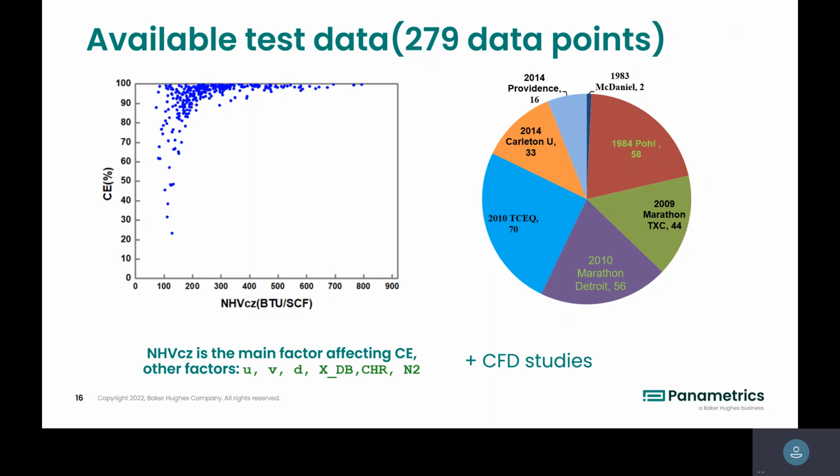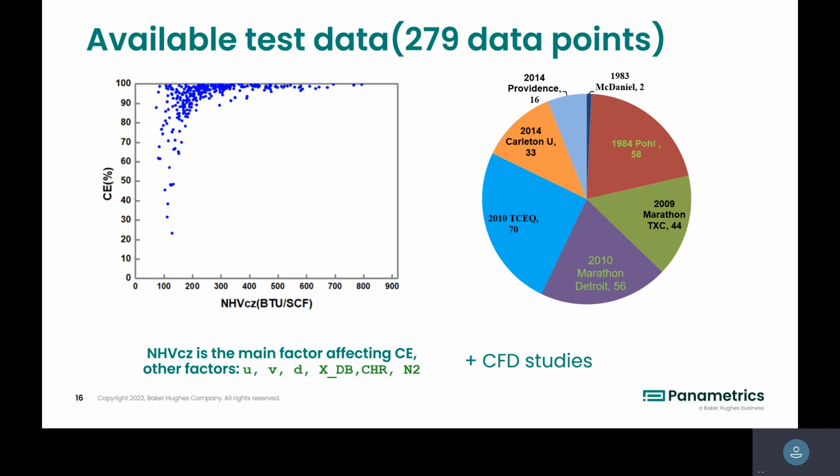Then there are a lot of studies, Marathon, Detroit, and Texas City back in 2009, 2010, and some other flare combustion efficiency studies. And based on those studies, and a lot of CFD studies as well, you can find out what affects combustion efficiency for flares.